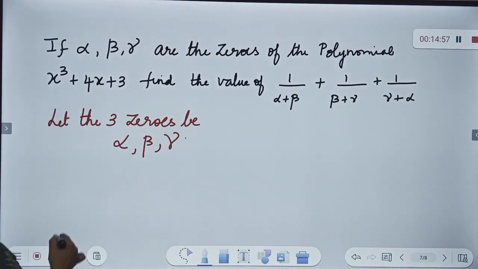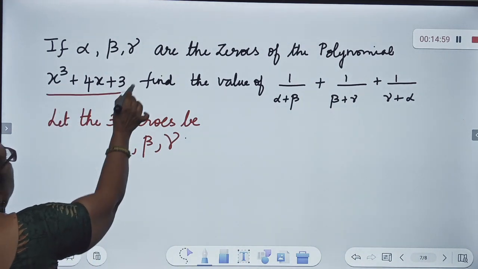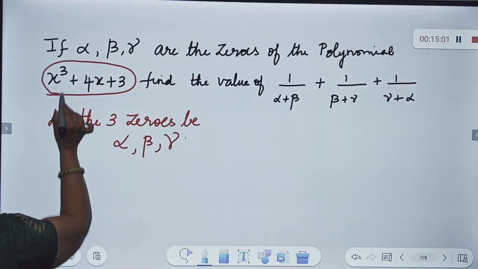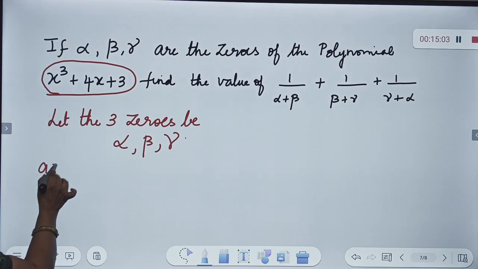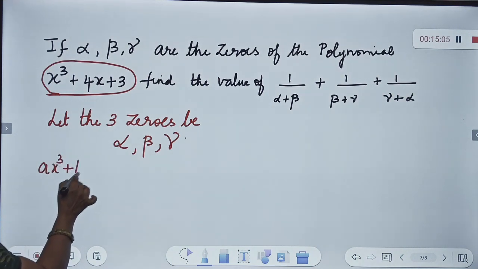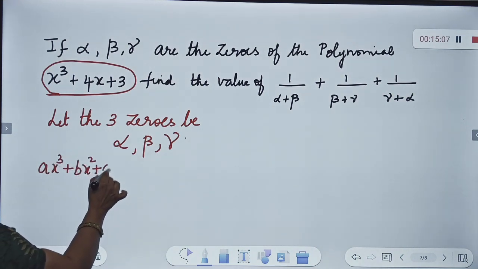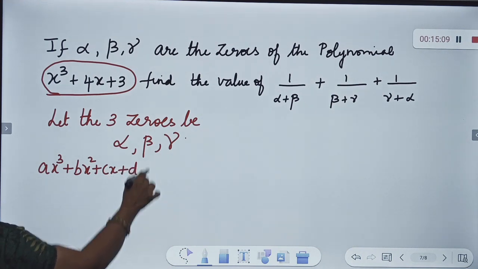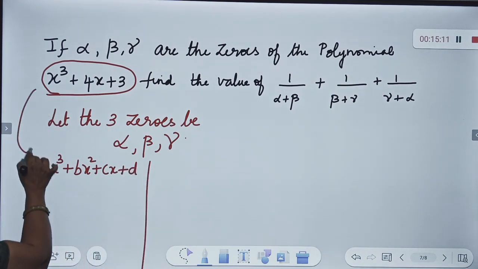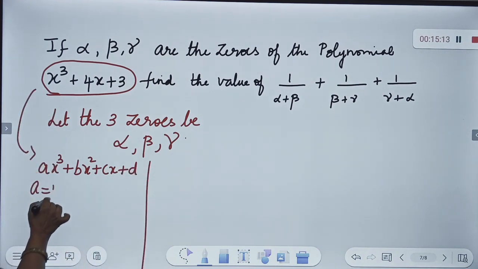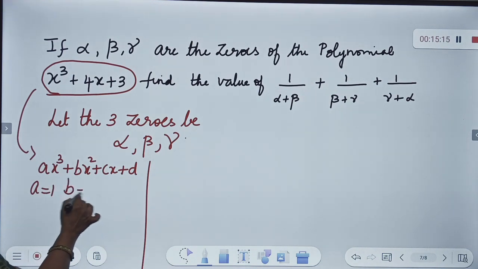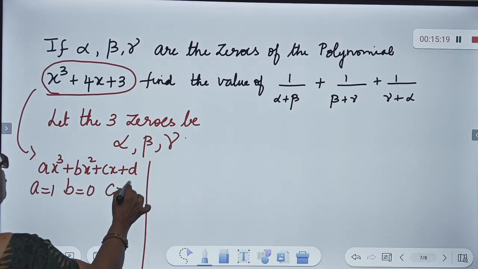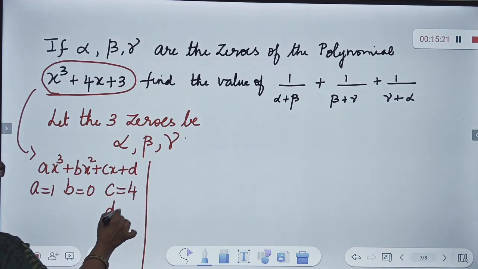Okay, now you are given, this is the cubic equation. So compare it with ax cube plus bx square plus cx plus d. When you compare it with this, you get a equal to 1, b equal to 0 because there is no x square term, c equal to 4 and d equal to 3.